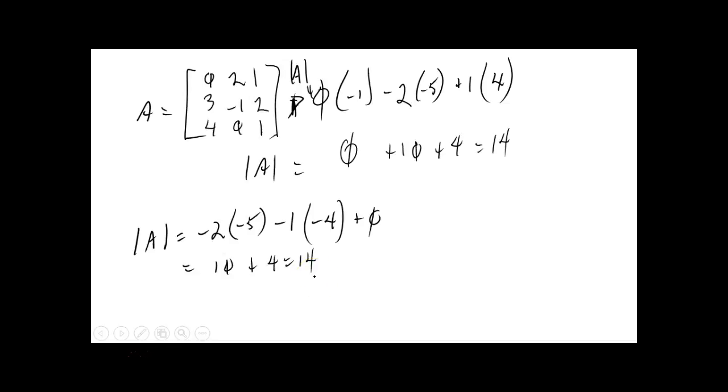Doesn't matter which one you do. Pick a row, pick a column, do it. Okay? Now, what I do differently is rather than doing a separate cofactor, I just keep up with the sign position. Okay? And that takes care of the cofactor for me, and then I just do the minor, the determinant of the minor.